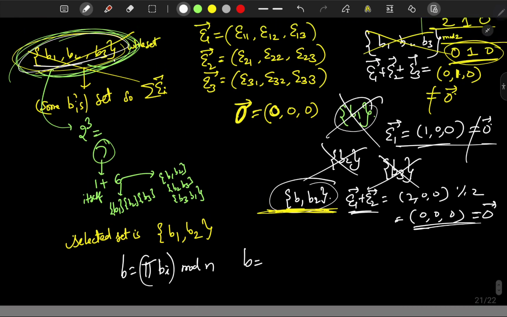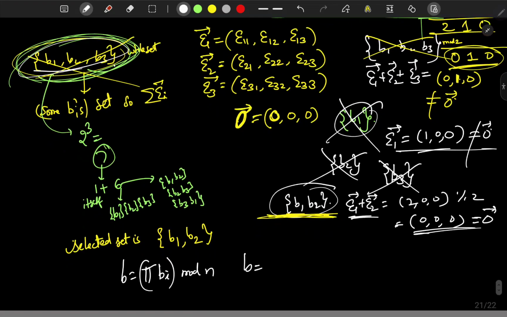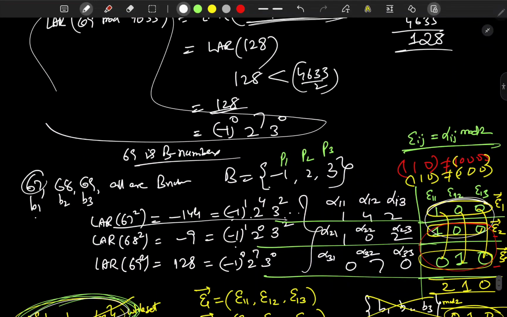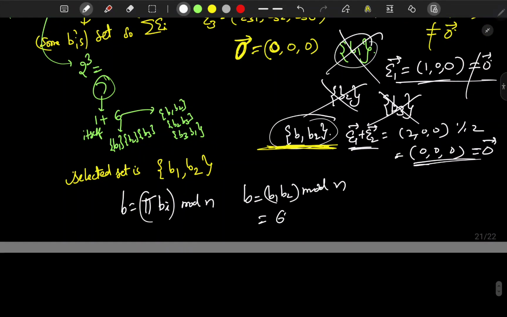So the B value will be B1 times B2 mod n. What is B1? Initially I said 67. So 67 times 68 mod n, where n is 4633. So 67 times 68 is 4556, mod 4633.